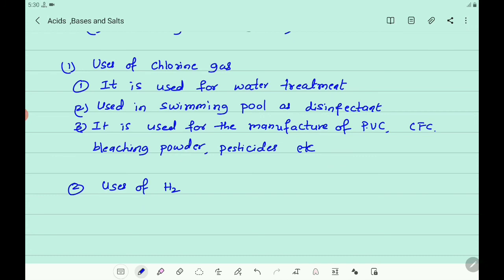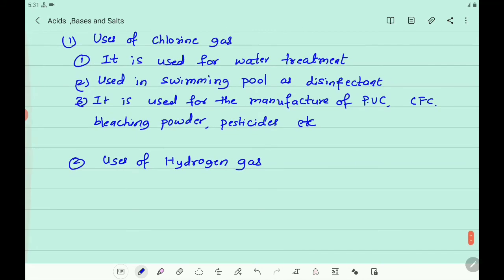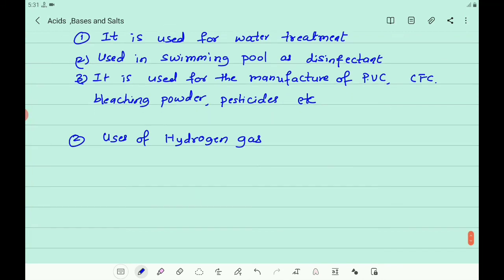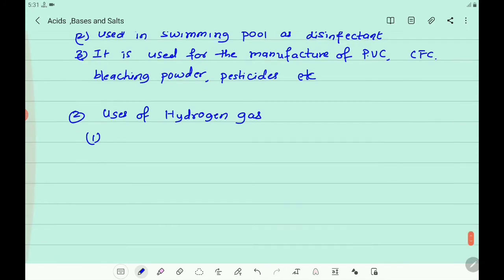Use of H2 gas, that is hydrogen gas. Hydrogen gas is used as fuel. It is used for the manufacture of ammonia, and also it is used for manufacture of ghee, margarine, etc. So we take first one. It is used as a fuel.